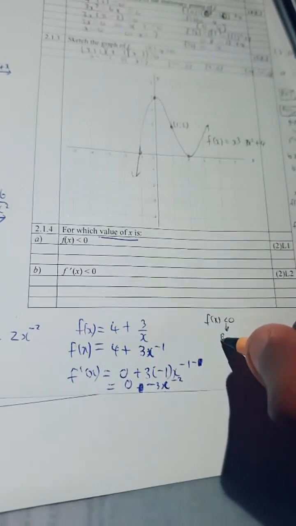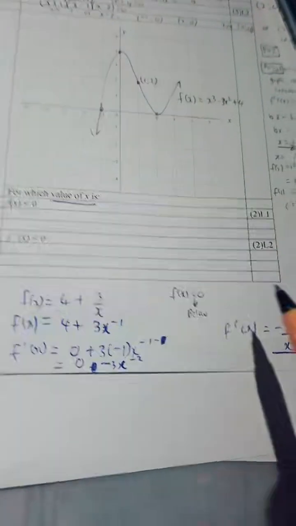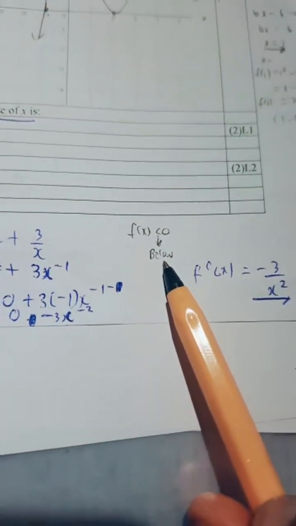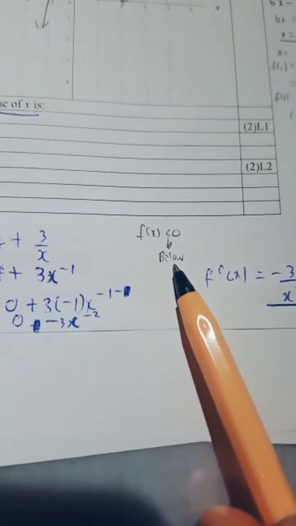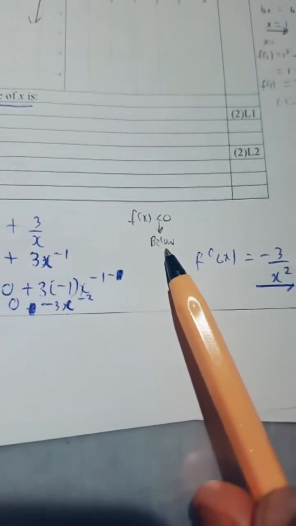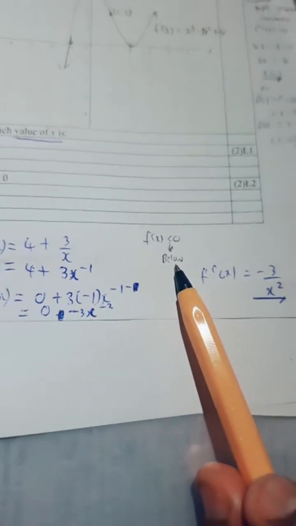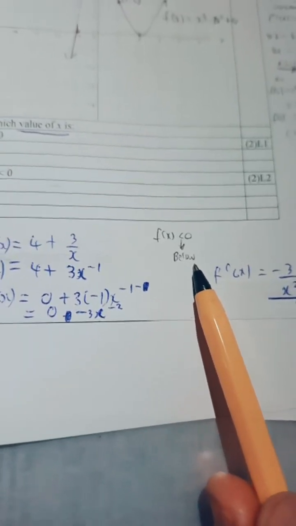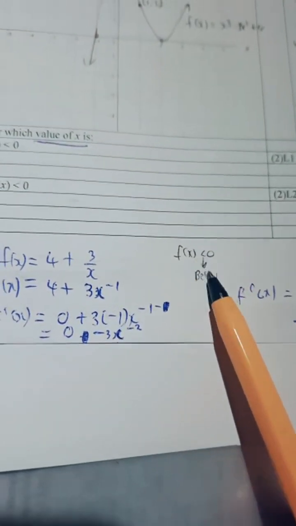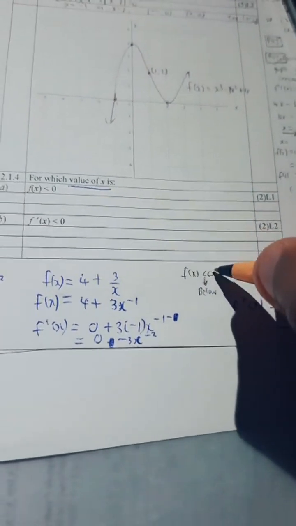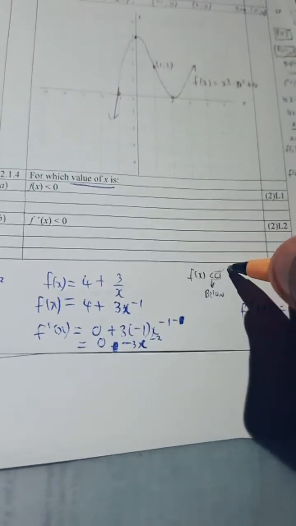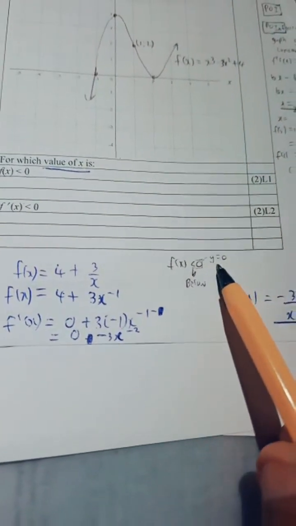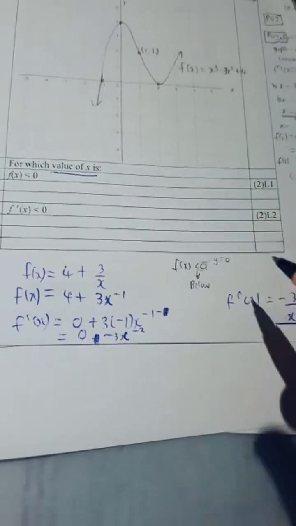Less than means below. Below, underneath. Where is the function underneath? Underneath what? Now, this 0 represents y is equal to 0. In other words, where is this function below the line y is equal to 0?